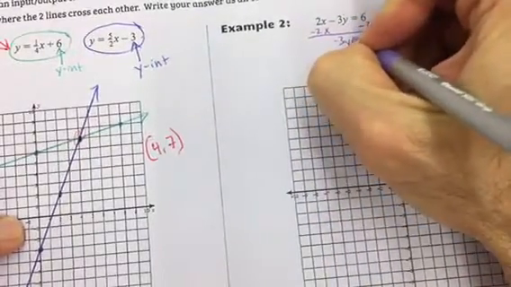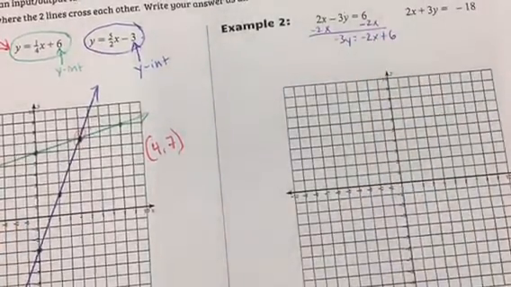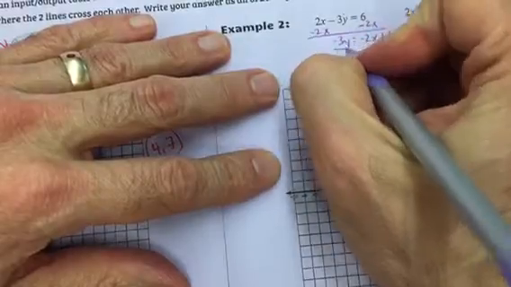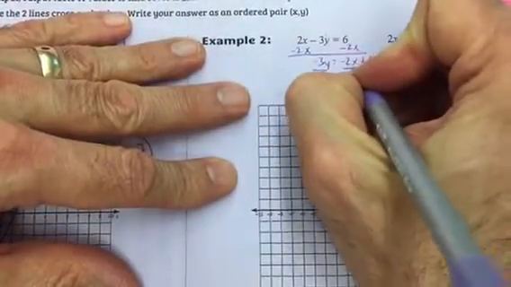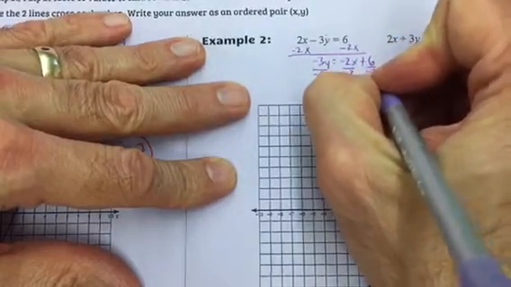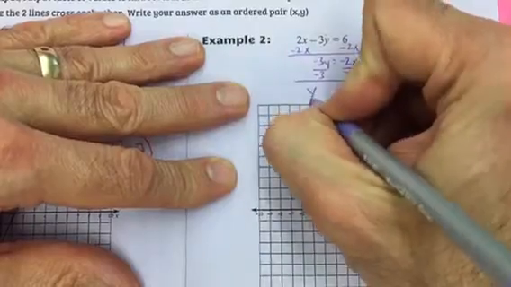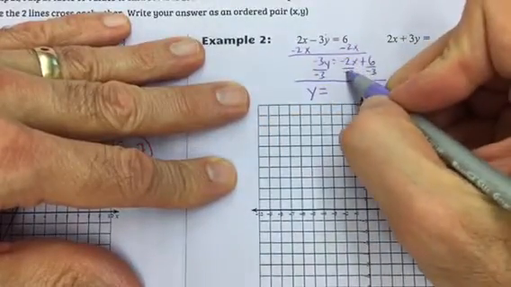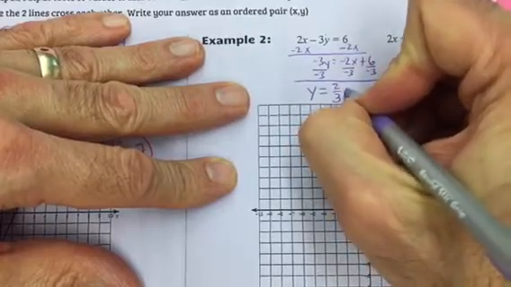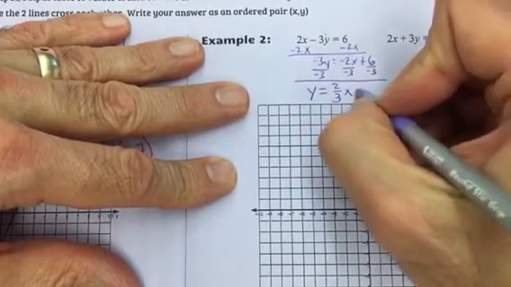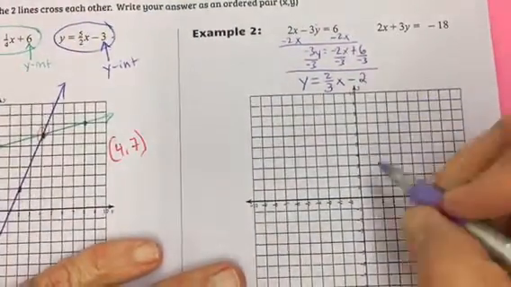Negative 3y equals negative 2x plus 6. Divide by negative 3. Everyone gets equal treatment. y equals, a negative and a negative makes a positive, and a positive and a negative makes a negative 2. I've got my y-intercept of negative 2.